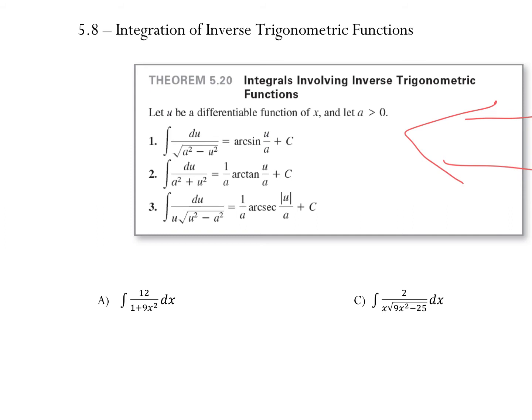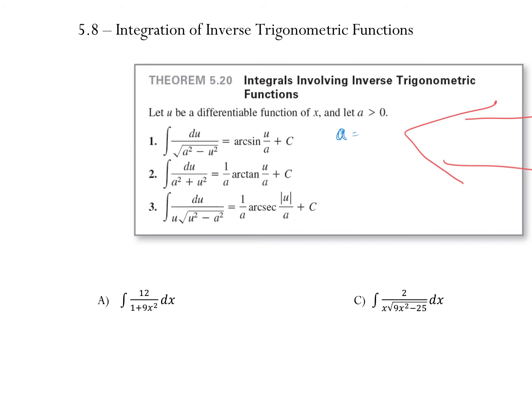Okay, and so when we look at the problems that might be related to the inverse trig functions, what we first want to look for is which inverse trig function matches it, and then how do we undo all of those things. And so we're going to have to think about, all those trig functions have the a, which really is going to be a squared, right?